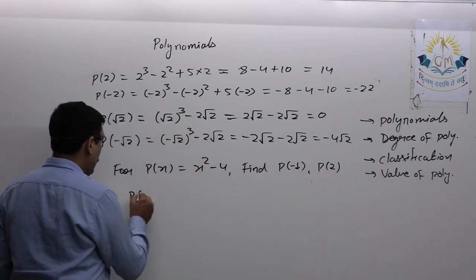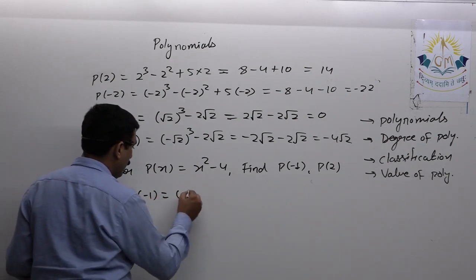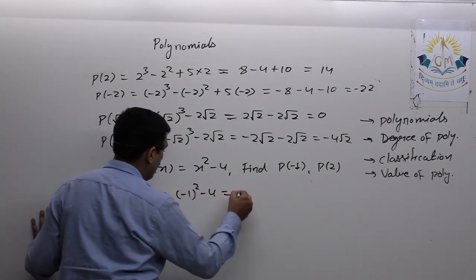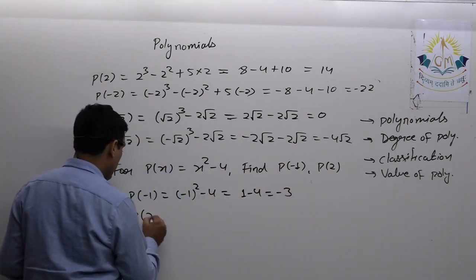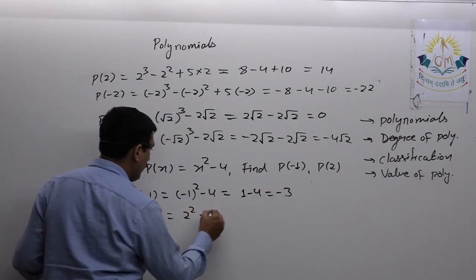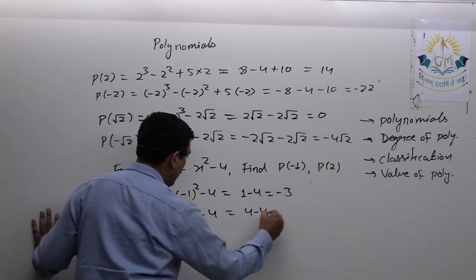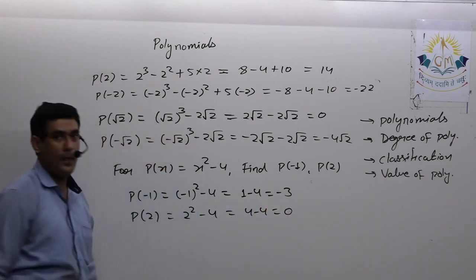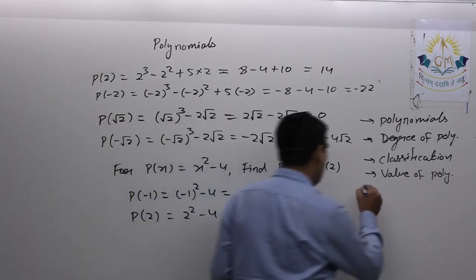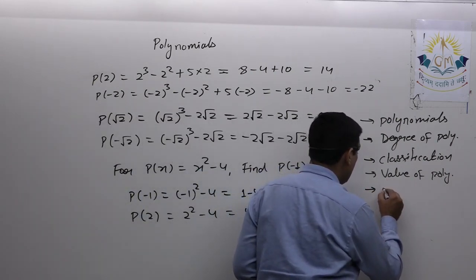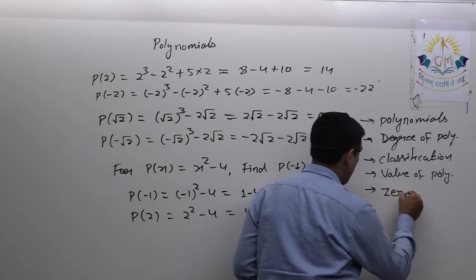So p(minus 1) over here is minus 1 square minus 4, that is 1 minus 4, that is minus 3. And p(2) over here is 2 square minus 4, that is 4 minus 4, that is 0. Okay, so this is all about the value of polynomial. Now next we'll get the zero of polynomial.